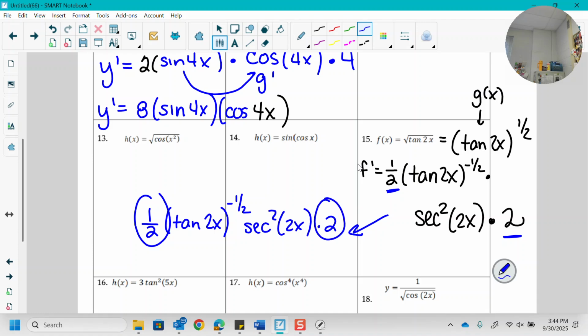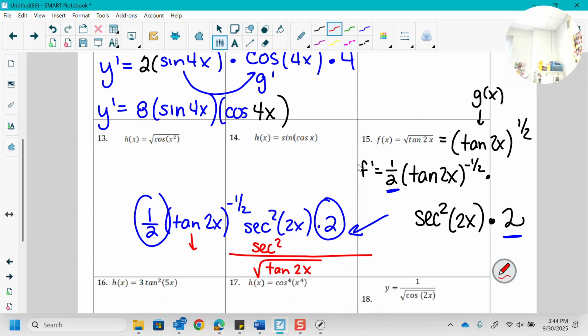The 1/2 times the 2 will divide out. The negative root means we can throw that in the denominator. So it's going to be a denominator of the square root of tangent of 2x and a numerator of a secant squared of 2x.